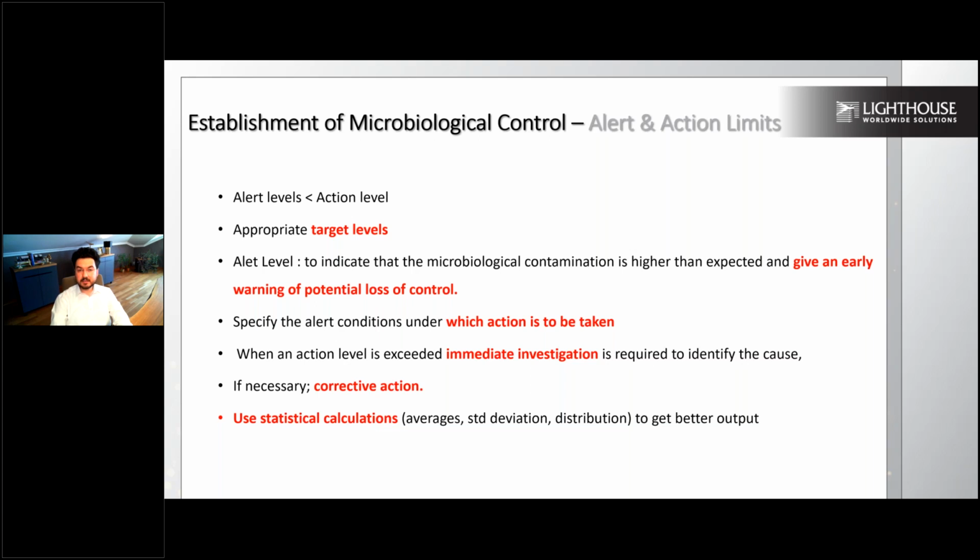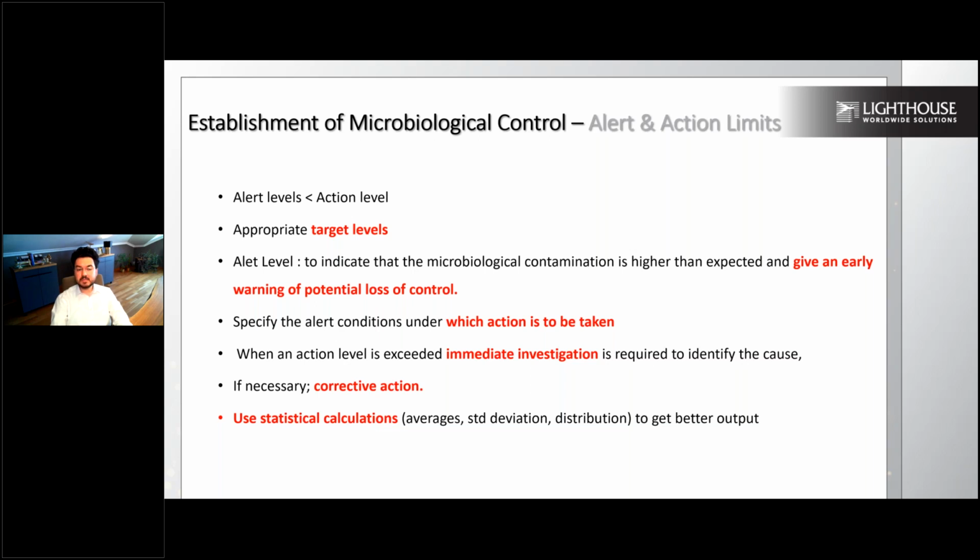Every single alert level will give you a good indication of potential failure in the long run, maybe as an action level. So specify the alert conditions under which action is to be taken, what you will be doing if you are getting these yellow alarms, which are our alert levels.